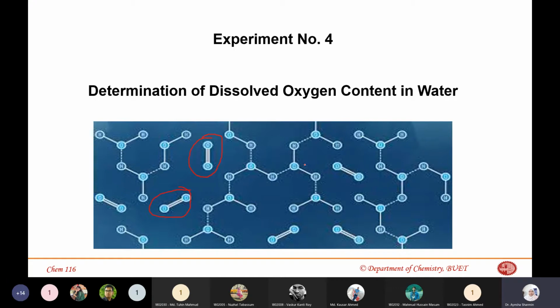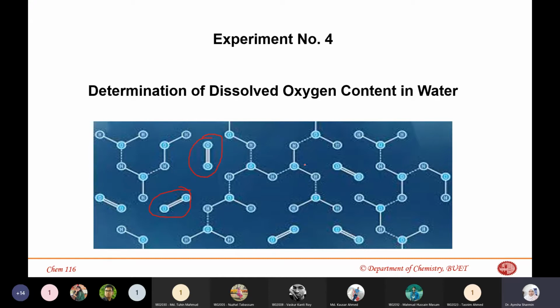But the amount of oxygen in water is so small that we describe the oxygen content in water by ppm, parts per million.